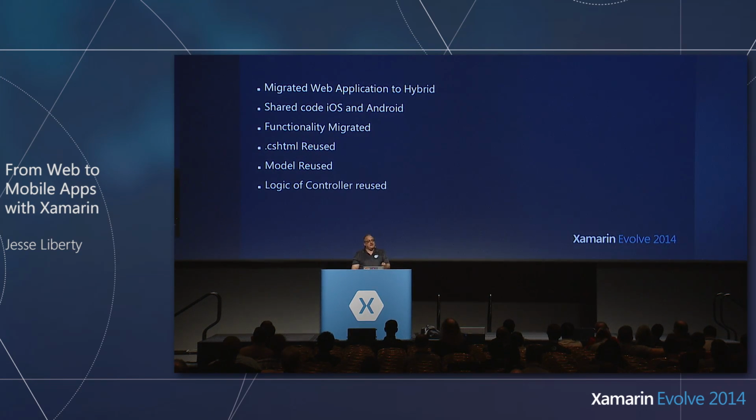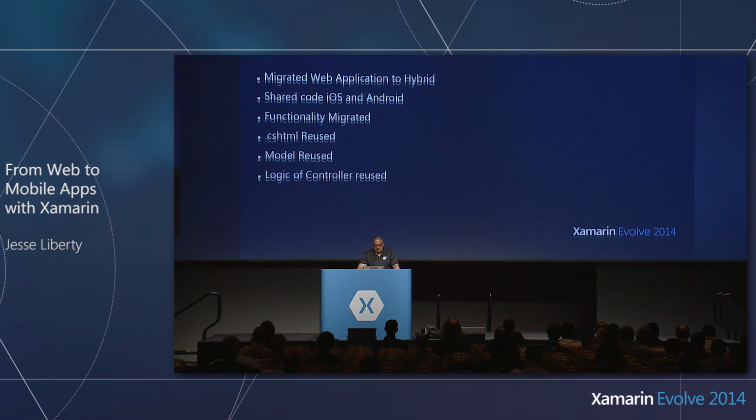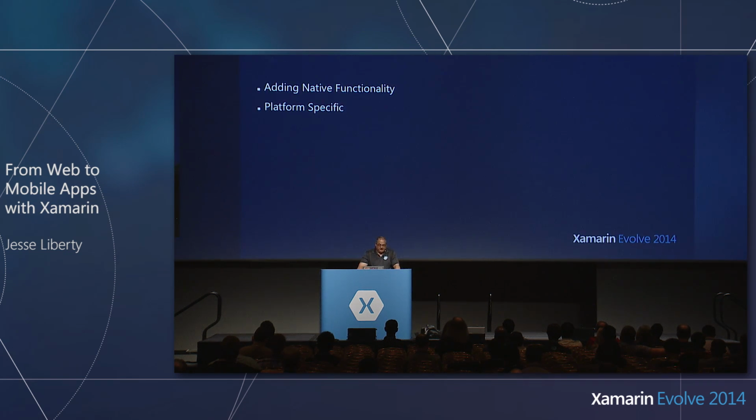But now we have a Xamarin application, and we can go beyond simple migration. Now, because we have a Xamarin application, we can reach out to take advantage of native code. So, for example, we can use platform-specific code. It turns out that iOS has great support for Twitter. I would like to take advantage of that in this application that started out as an MVC application.